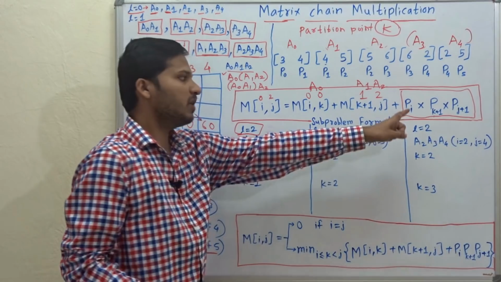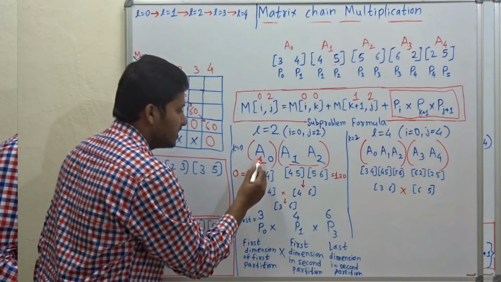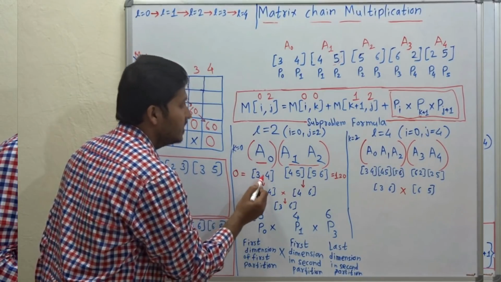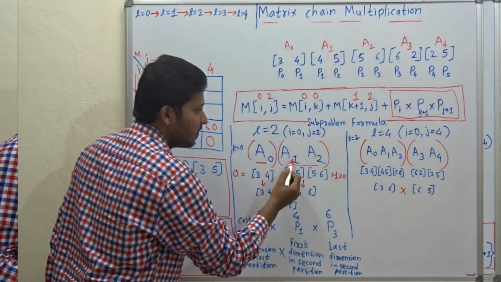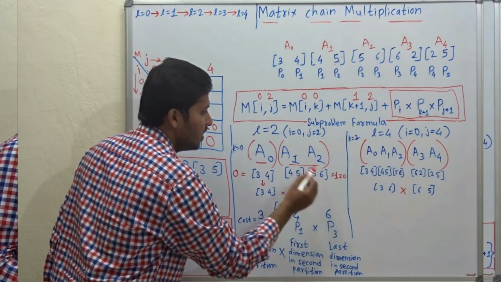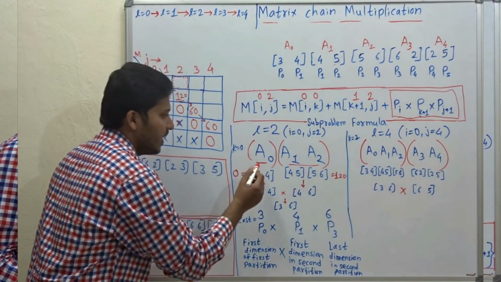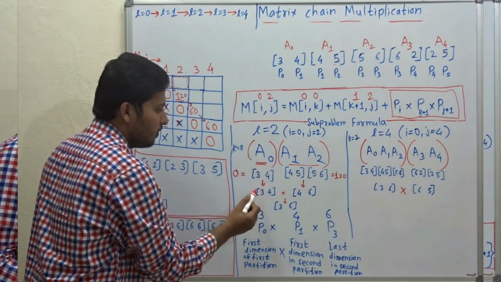And I will explain this formula here. Now see, what is the dimension of A0? It is 3 by 4. And what is the dimension of A1 and A2? It is 4 by 5 and 5 by 6. As this is an individual matrix, we don't need to solve.